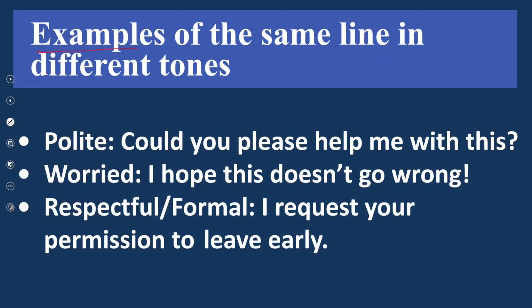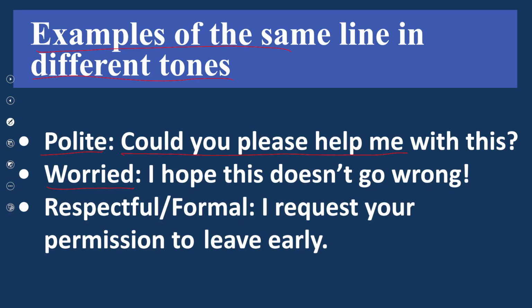Yes, examples of the same line in different tones. We are going to do a practice in which we put just the same line and we want to produce these lines in different tones. Look at this. Polite tone: Could you please help me with this?